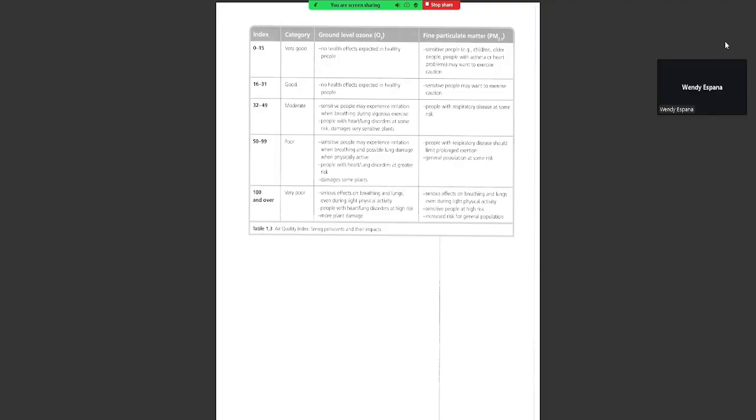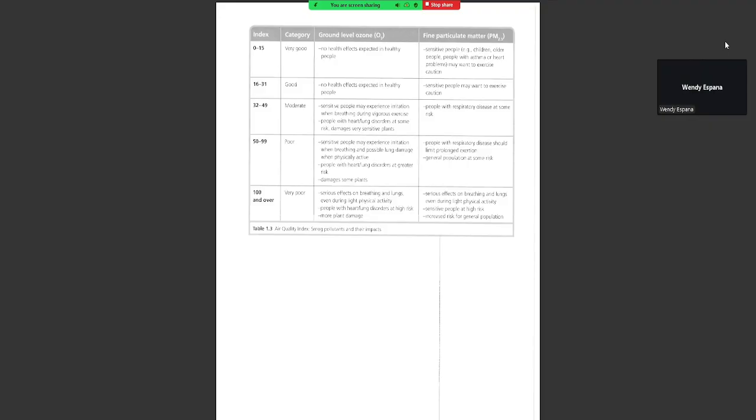Okay, the air quality index goes up from 32 to 49. The category now is moderate, and now if you're sensitive, and we've talked about who those people are, you might start getting irritation when you're doing strenuous exercise. If you have a heart or lung disorder, then you have to be very careful because you're now at risk.